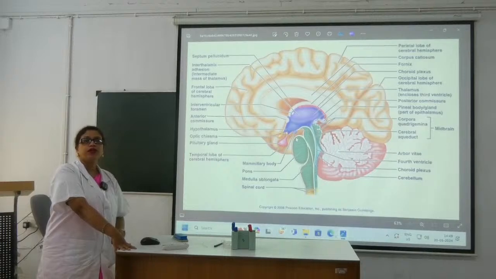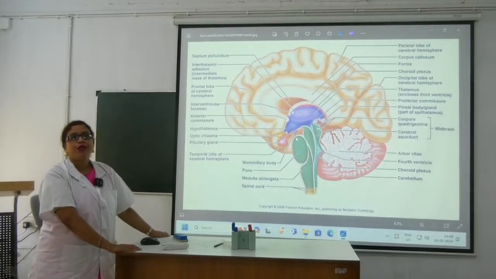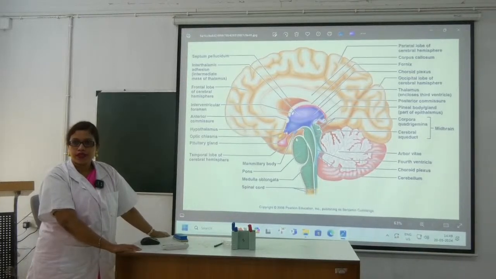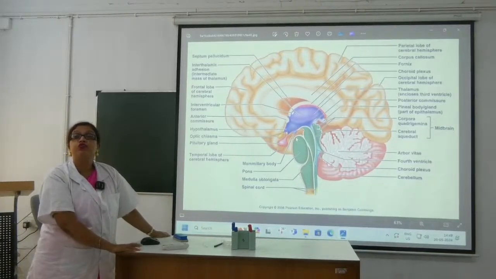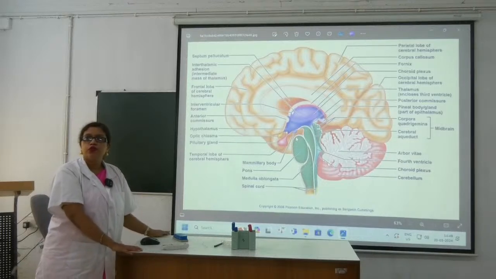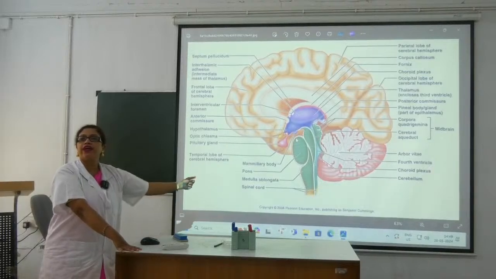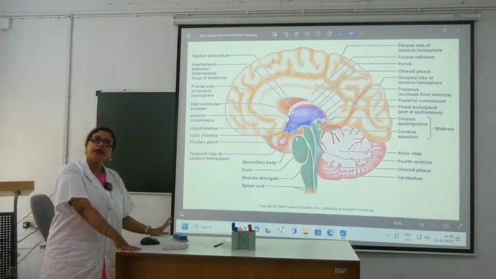Which geniculate body? Medial geniculate body. Okay, what is it doing? It goes to the auditory pathway. Which nerve will it take? Vestibular or cochlear? Only the cochlear nerve, the cochlear division of the vestibulocochlear nerve. Okay, so finally where would it be relayed? To the colliculus. Which colliculus? The inferior colliculus on the midbrain.